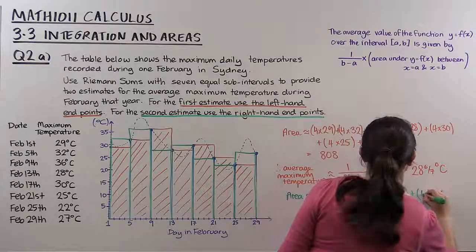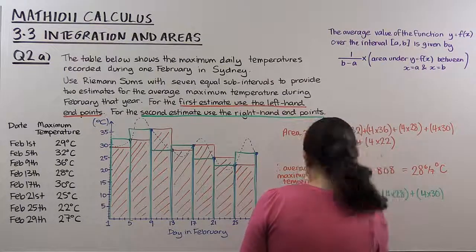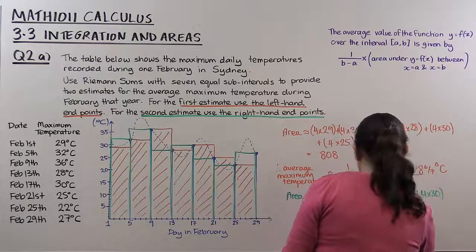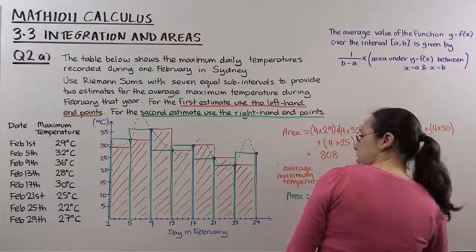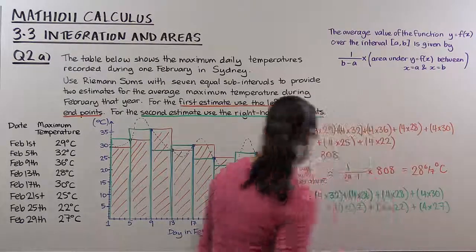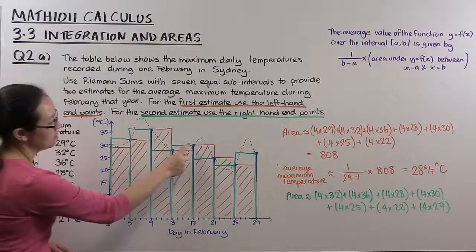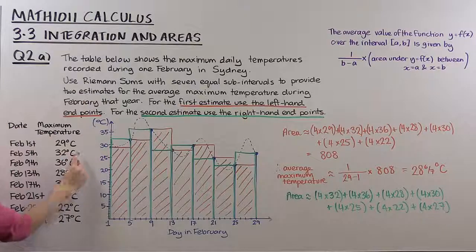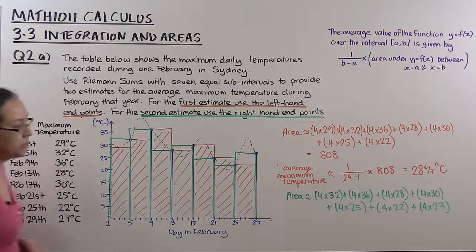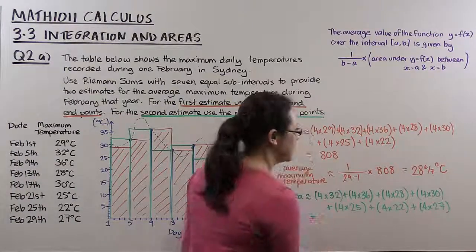And then 4 times 30. And then 4 times 25. 4 times 22. And the very last rectangle is going to be 4 times 27. So the heights of my rectangles are now shifted to the right endpoints, which are the 32, 36, 28, 30, 25, 22, and 27. When I add all these up, I get the number 800.